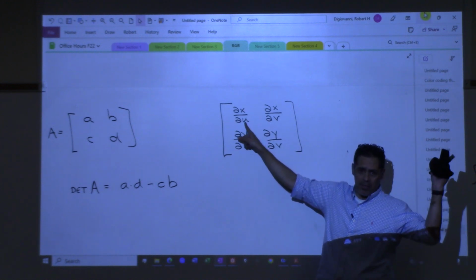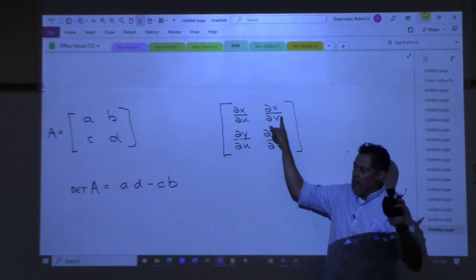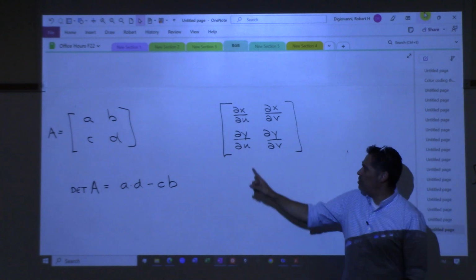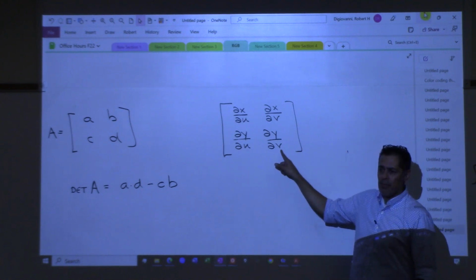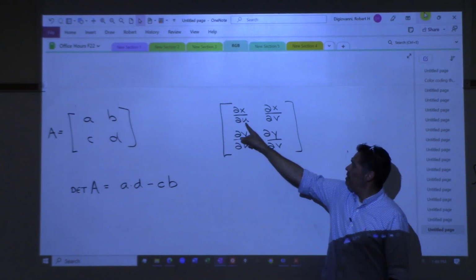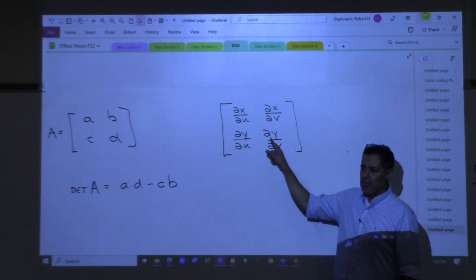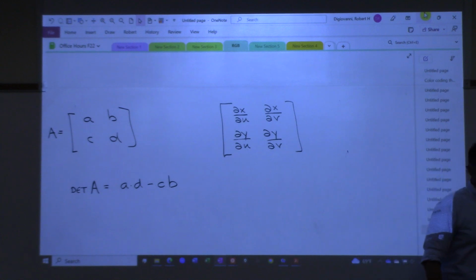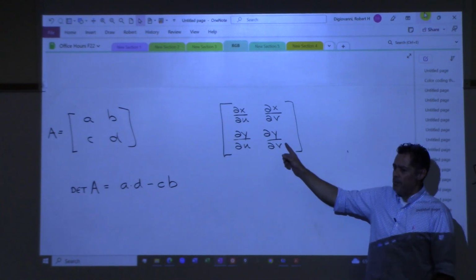First the partial with respect to u, then the partial with respect to v. Then I'm taking the second variable y, and I'm doing the two partials there. And then I'm taking the determinant. So what's the determinant of this? This times this minus this times this. That is the determinant of this matrix.